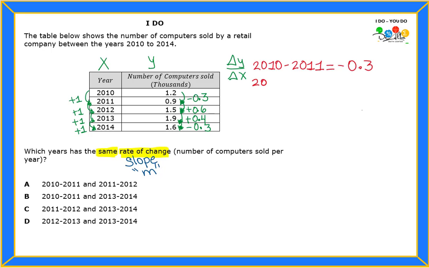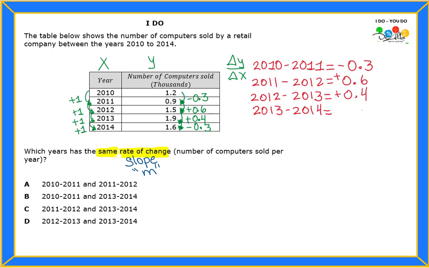From 2011 to 2012, it went up by 0.6. From 2012 to 2013, it continued going up by 0.4, and the last one, from 2013 through 2014, it went down again by 0.3.